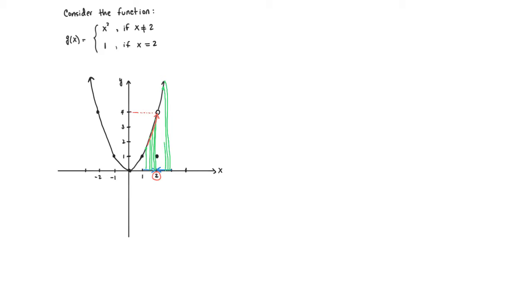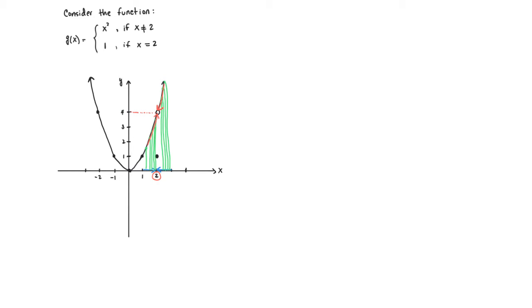Then x over here gets closer to 2, the y value is getting closer to the open circle. Then I continue like this, and hopefully you can see that the y values are also getting closer and closer to the level of 4 right here.